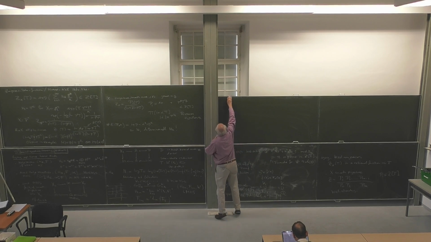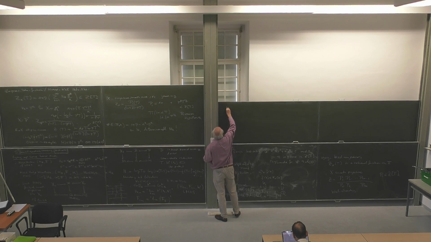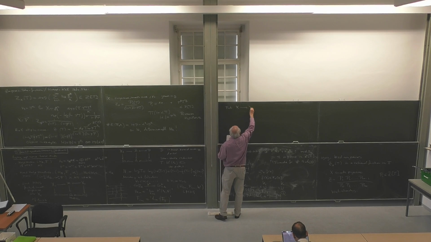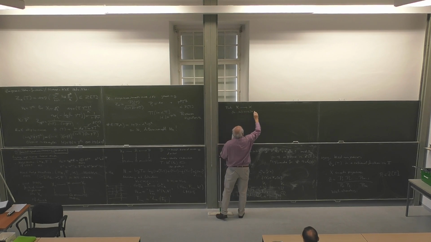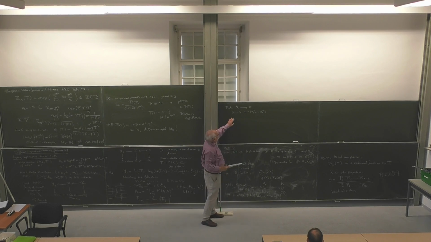So you have a Frobenius map. If you have a point, you just raise all coordinates to the pth power. This gives a map of the solutions to itself.